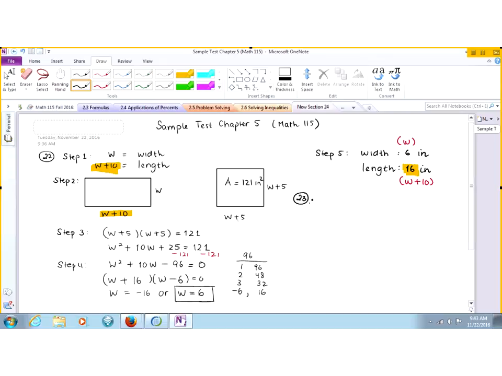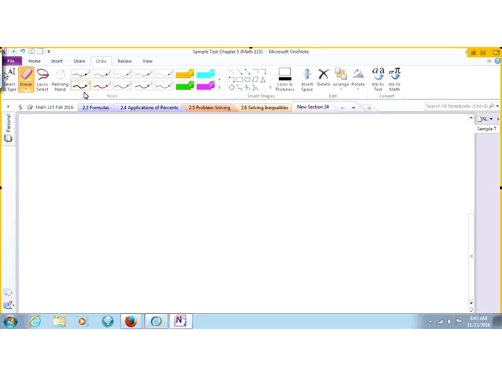Okay, so 23. The product of two consecutive integers is 89 more than their sum. I'm going to do it on a different page. So what are the two numbers?